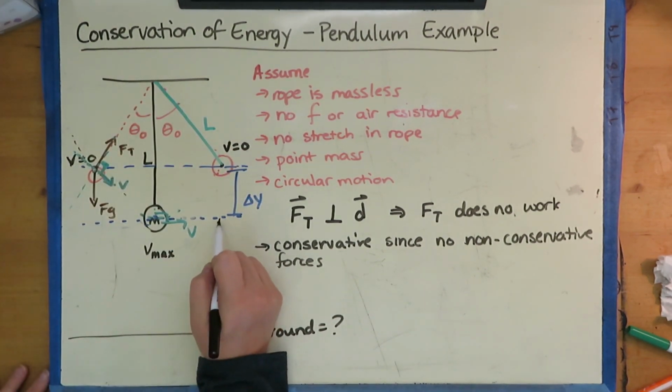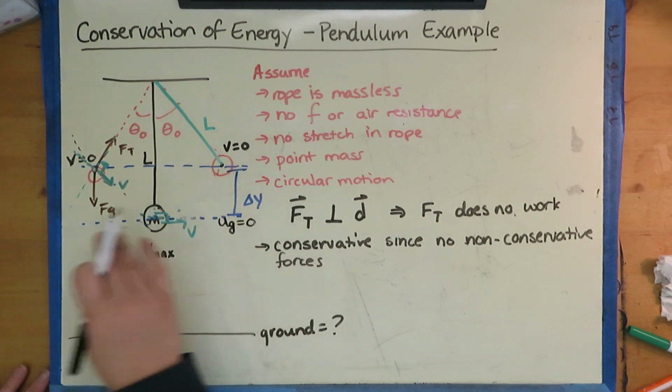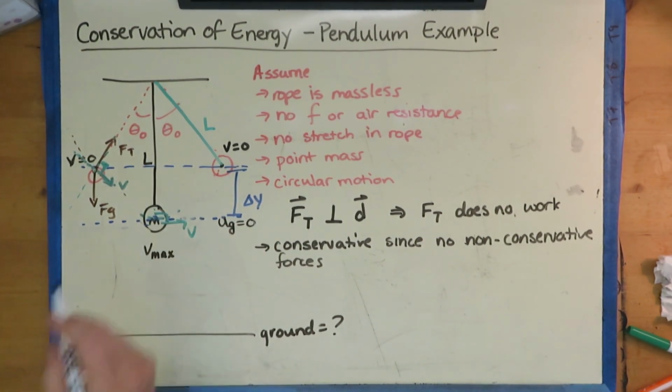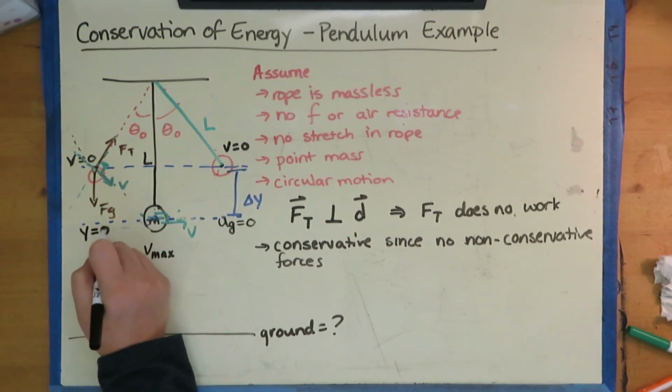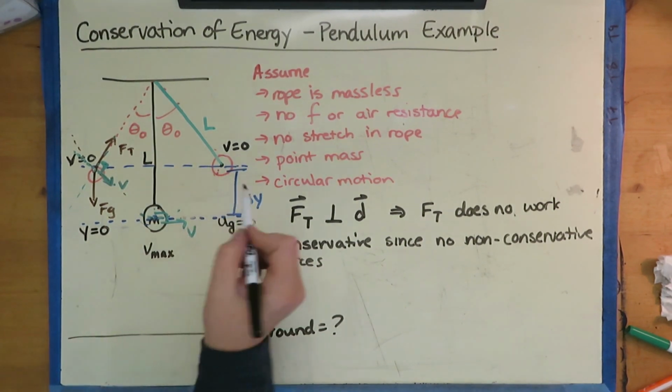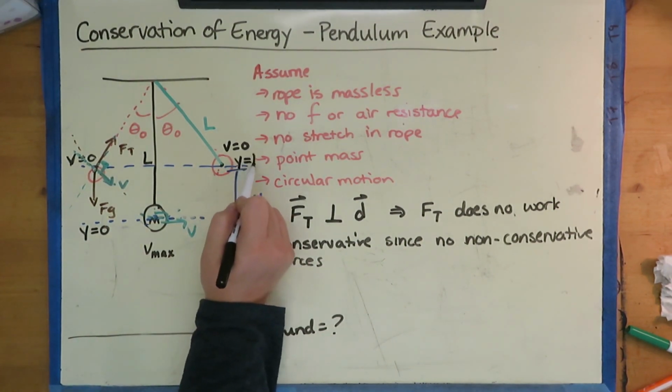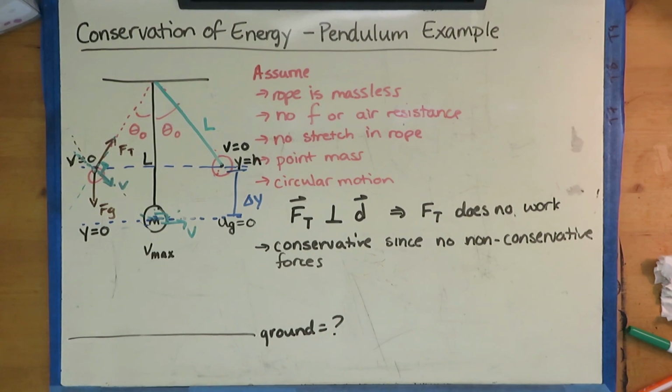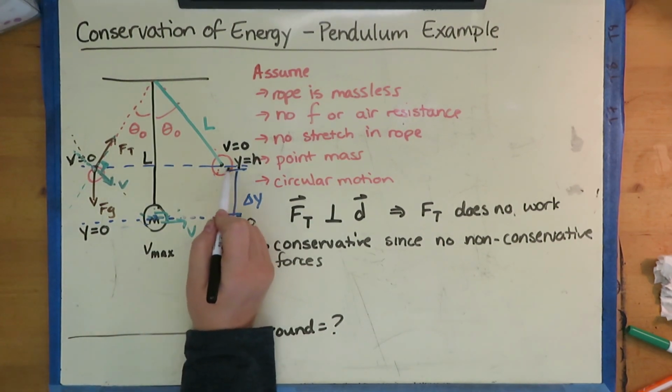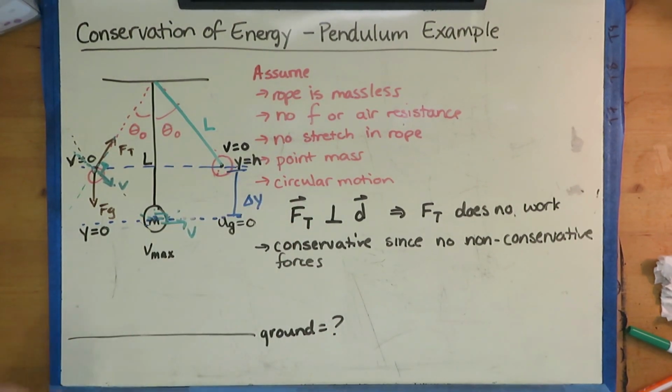So I'm going to set my potential energy equal to 0 at the lowest point in the motion. I'm going to set that to y equals 0. And then I'm going to have some y equals h to be my starting height, when I pull it back at an angle. So I'm going to have y equals h there and y equals 0 down here at the bottom.